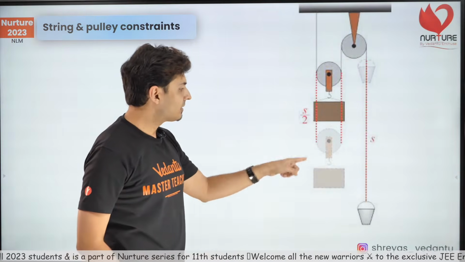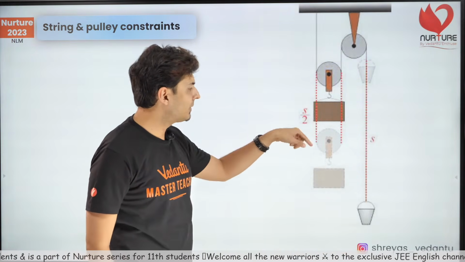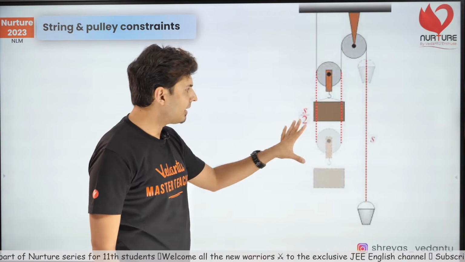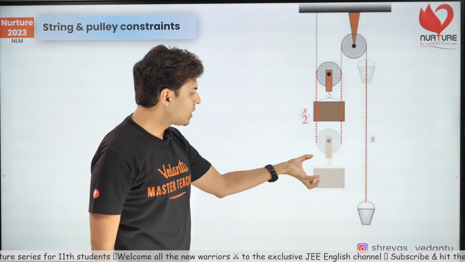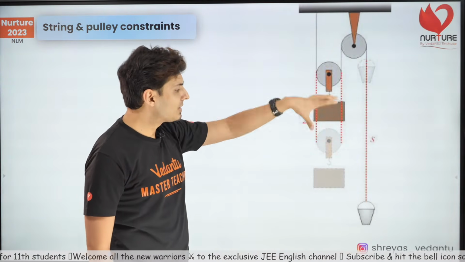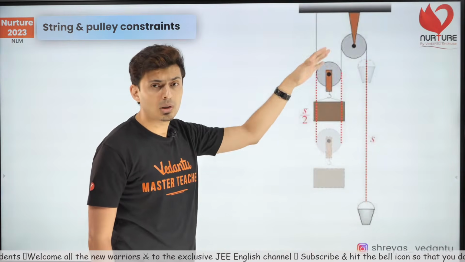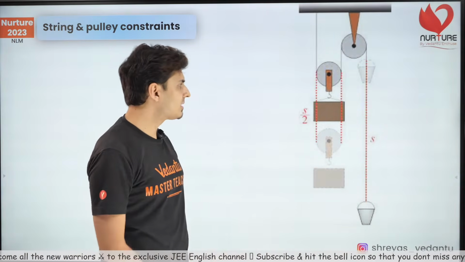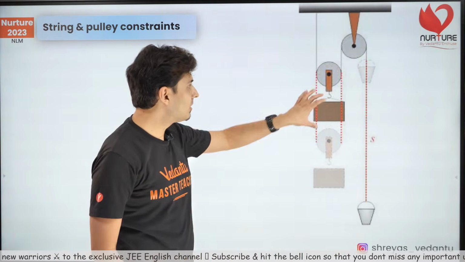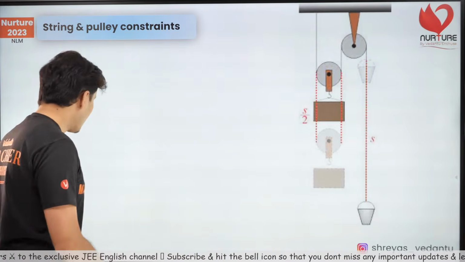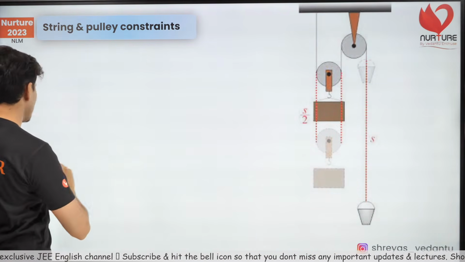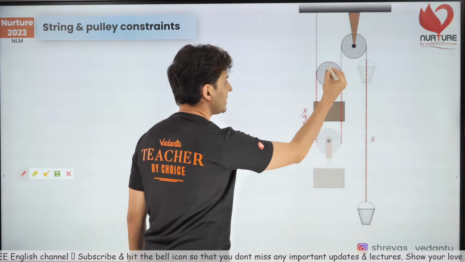But look at this. This bucket of water is being lifted by some pulley arrangement out here, and when this block moves down or up, you will see that bucket also moves up or down. Now there is one thing which is very interesting. If you observe, this was the original position or the initial position of this block.